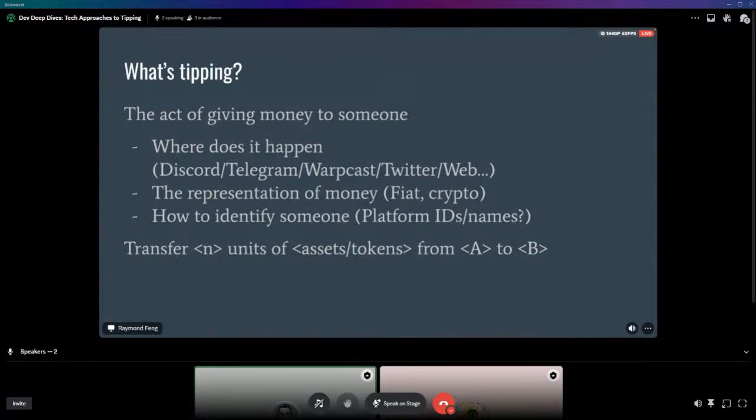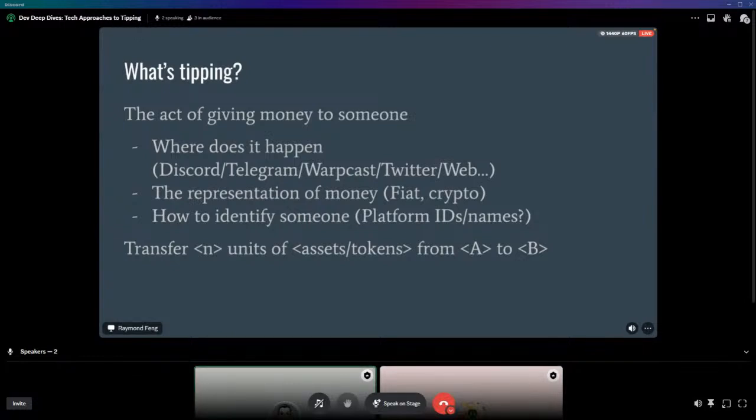You need to figure out who's A, who's B, and how you identify them. For example, on Discord, you use the @ sign to mention somebody so that you can understand who's the recipient. Or on Twitter, you use the Twitter handle. There are many different ways to connect from A to B, so you need an identifier or name for that party.